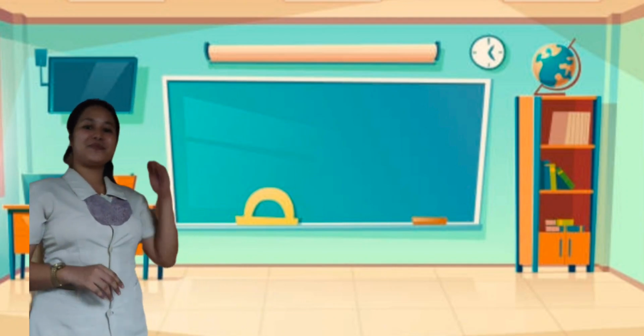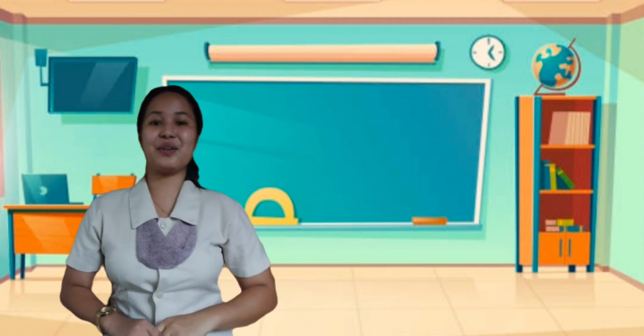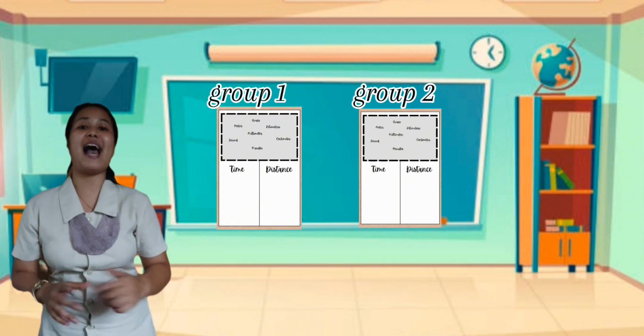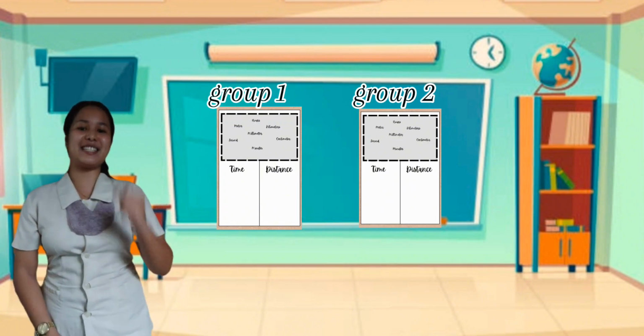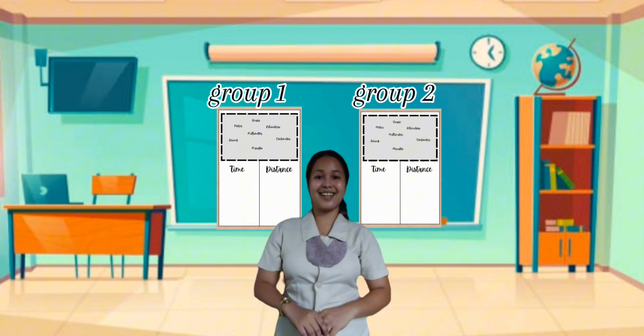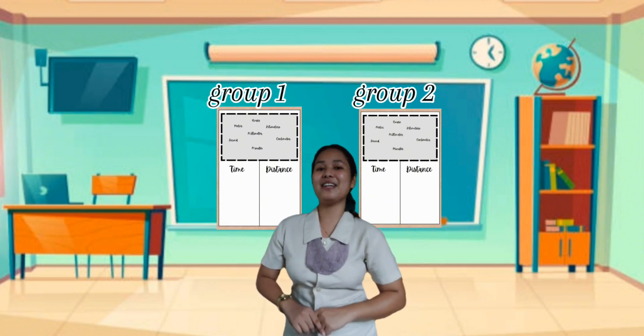Yes, Kim? Thank you. The two groups who will answer must go to the front. Now, I want you to have unity in answering and be observant. You can now start answering this activity. Precisely. Both groups answered the activity correctly.